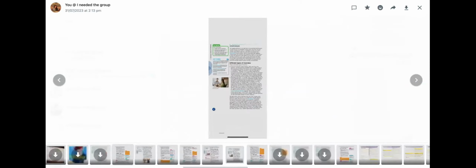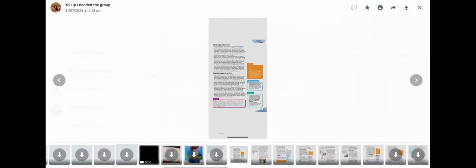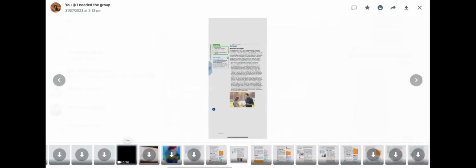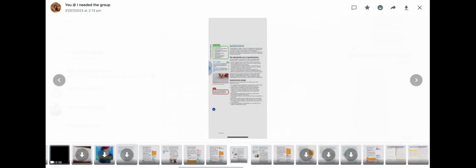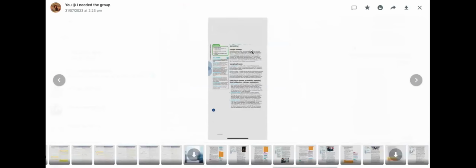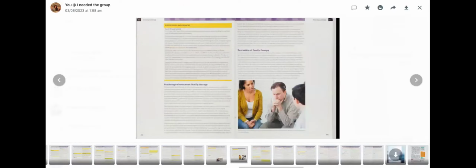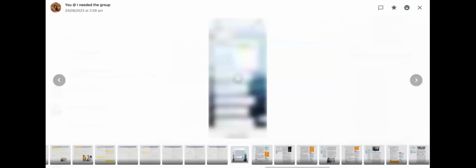So I'm just overviewing the chapter for you a little bit. We did all the types of research methods: experiment, survey, questionnaires, interviews. We focused on sampling and observations. Then we did primary and secondary data.